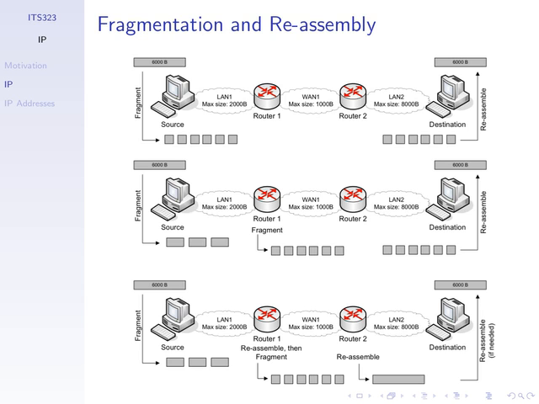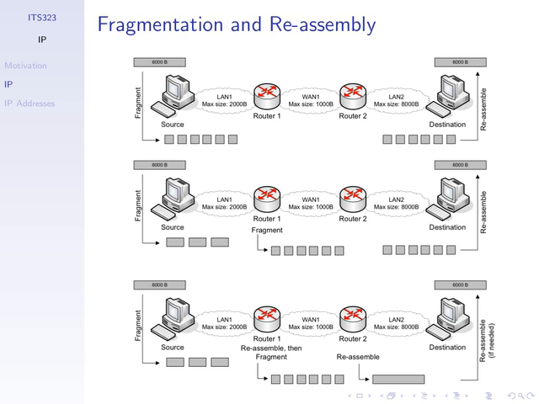Different subnet technologies may have different maximum sizes. Ethernet may specify 1,500, something else may specify 500, and something else 200. So we need to sometimes fragment our datagrams into smaller pieces and then eventually reassemble them back into the original datagram. That's what fragmentation and reassembly does.